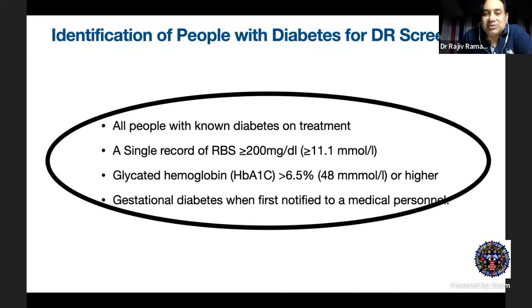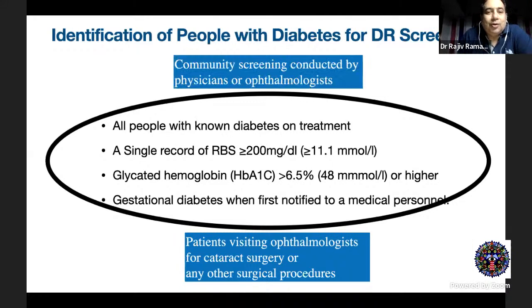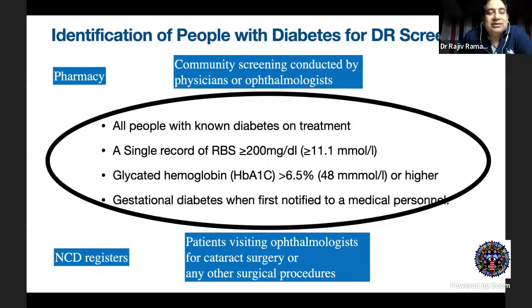From where do we get these patients? Either they are patients who are visiting ophthalmologists for cataract surgery or any other surgical procedure, what we call opportunistic screening, or a community screening conducted by a physician or an ophthalmologist through a non-communicable disease register, which has been maintained by the Government of India in various PHCs.